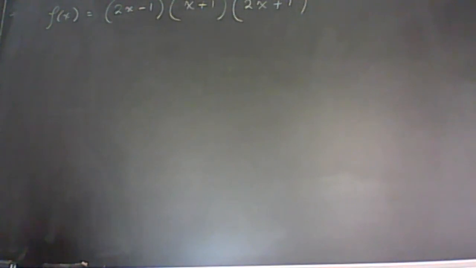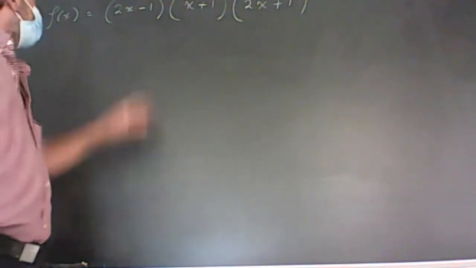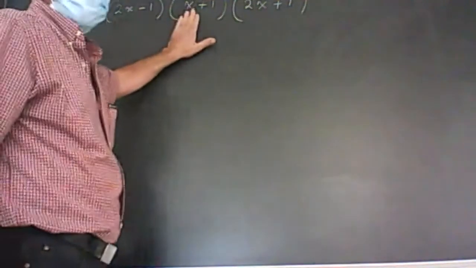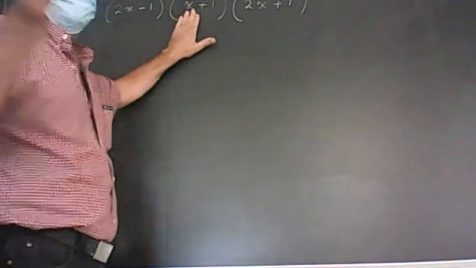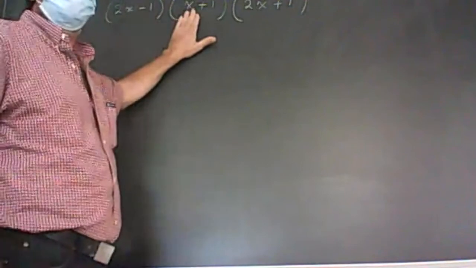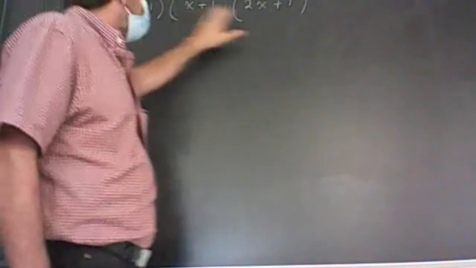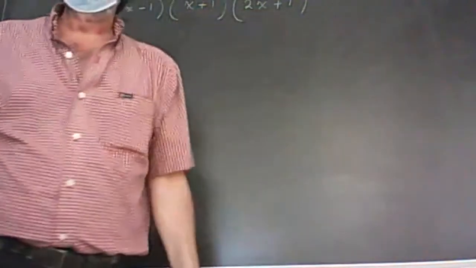First of all, what degree is this? We have x, yes? We also have x. I'm only interested in degree, so I'm not going to worry about the coefficient for now. We have x, x, x, so that's x what?